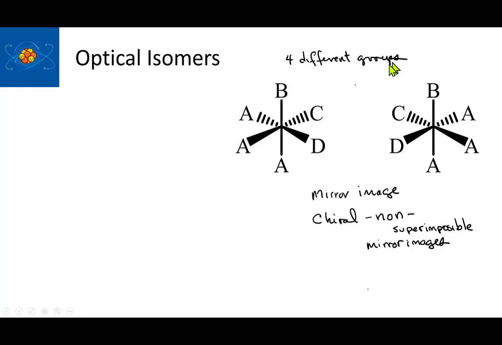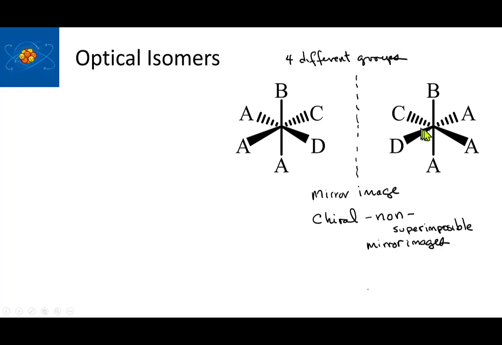Now, it doesn't mean to say that I have 4 groups, I have 4 different groups. I have the groups A, B, C, D, and then the same thing, I made the mirror image of it. Now, you can see if you draw the plane of symmetry, I essentially just drew this structure backwards from this one.